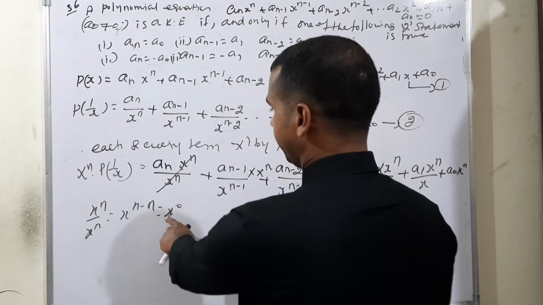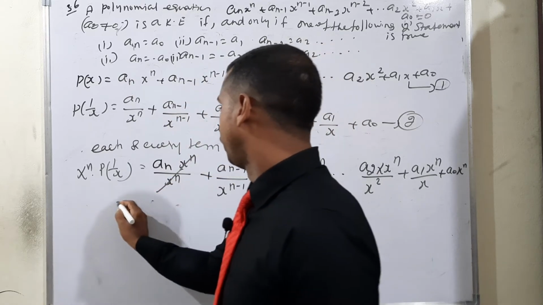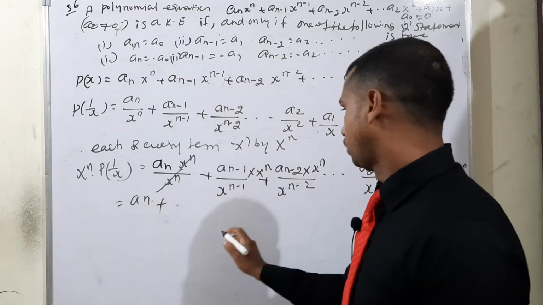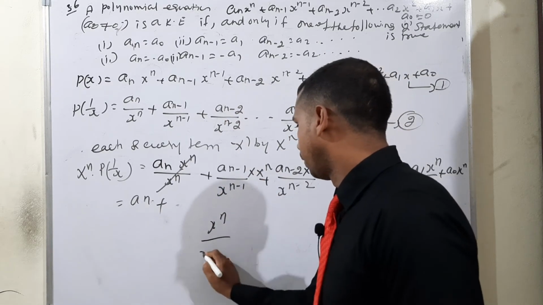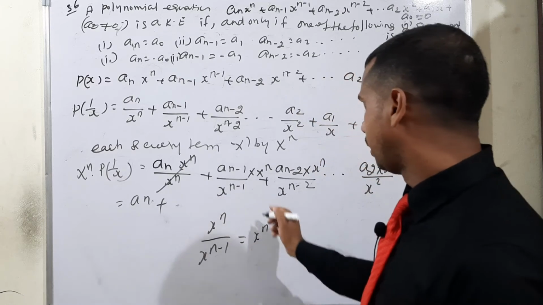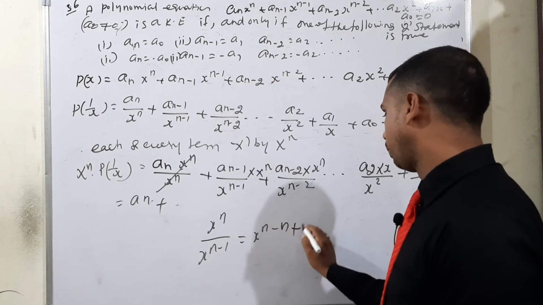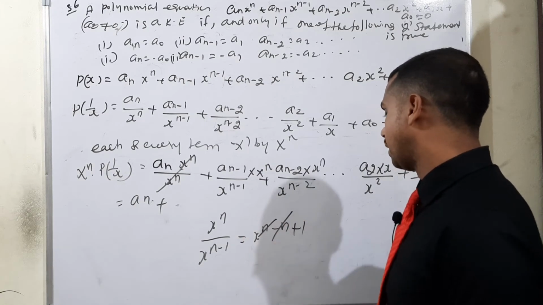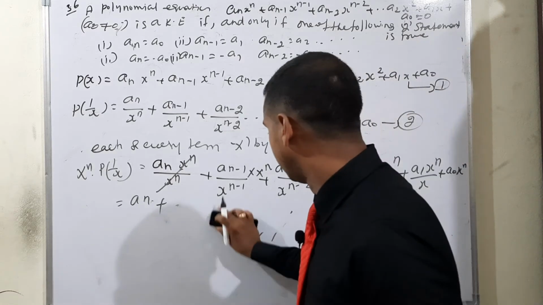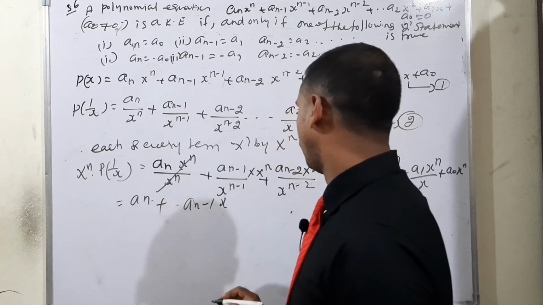Next condition, we need the same concept. That's why I am explaining it for you. So definitely after cancellation an will come. Next one, actually x to the power n divided by x to the power n minus 1: this is x to the power n, and bringing the reciprocal, minus n. Minus 1 reciprocal means positive 1. So plus n minus n cancel, and only x to the power 1 will be balanced. So here definitely an minus 1 into x only will come.